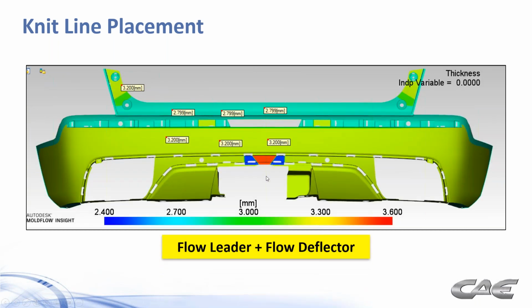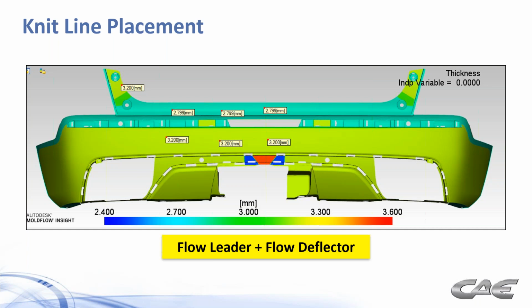We had to institute a flow leader and flow restrictor side by side to guide the flow left to right as it was kind of passing through into the appearance surface area.